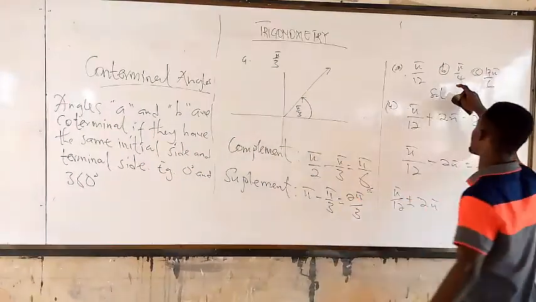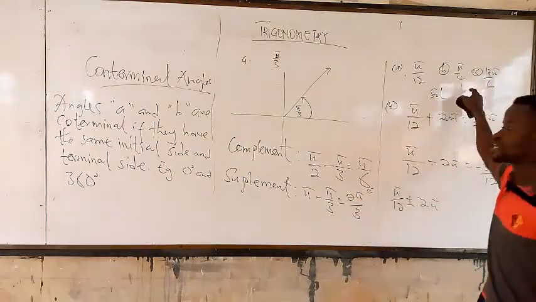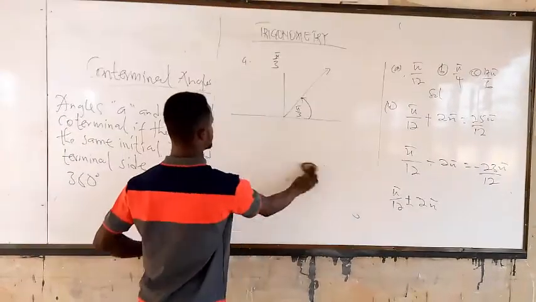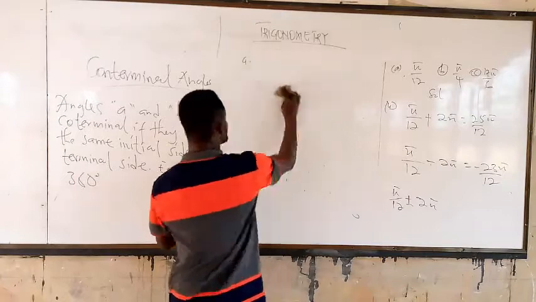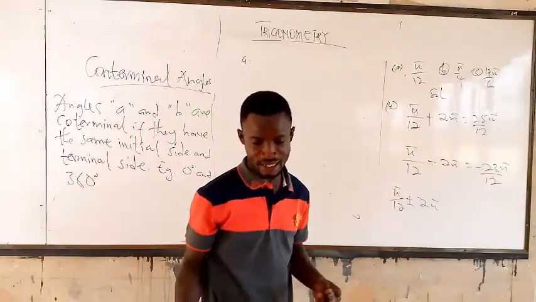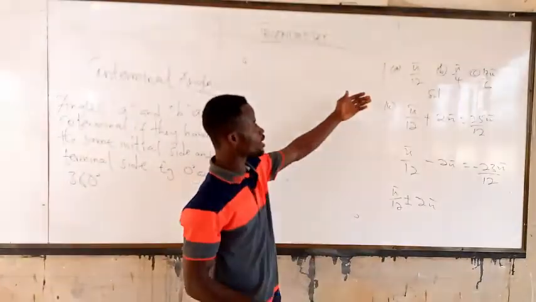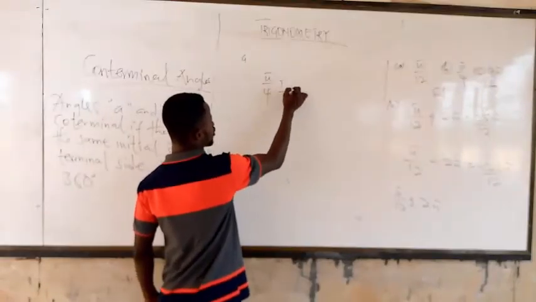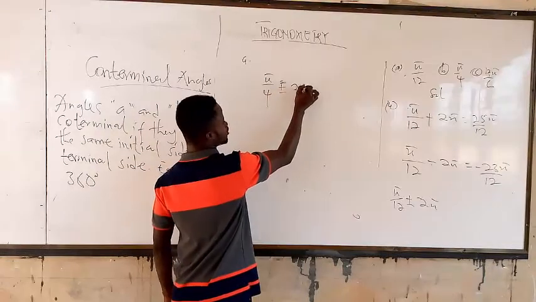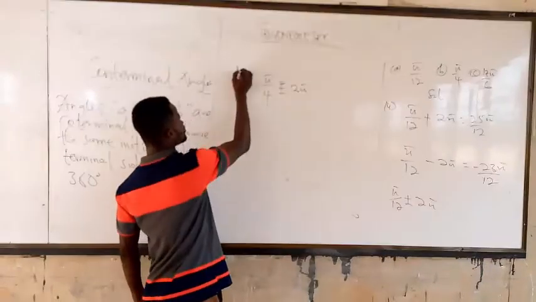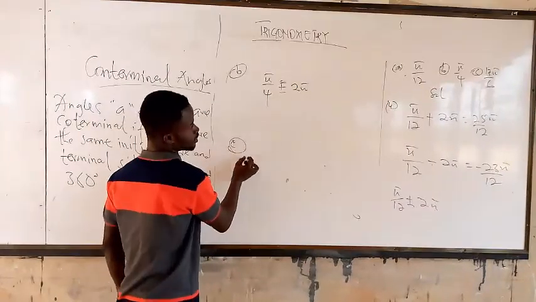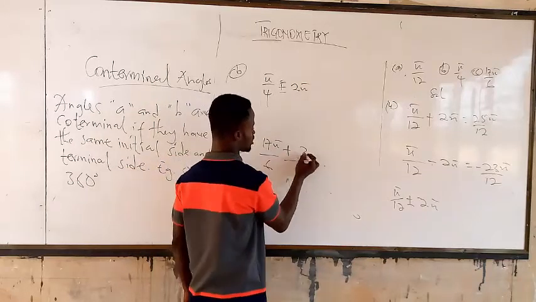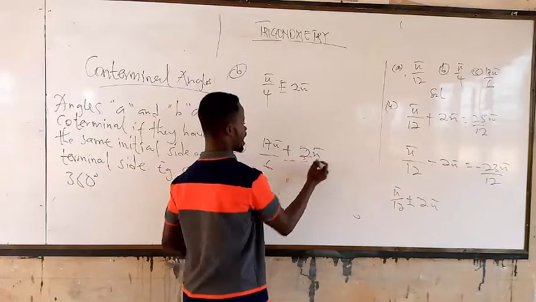In the same way, for B, we are going to do it in the same way. So you can now continue. For B, take pi over 4 plus or minus 2 pi. For C, take 17 pi over 6 plus or minus 2 pi.